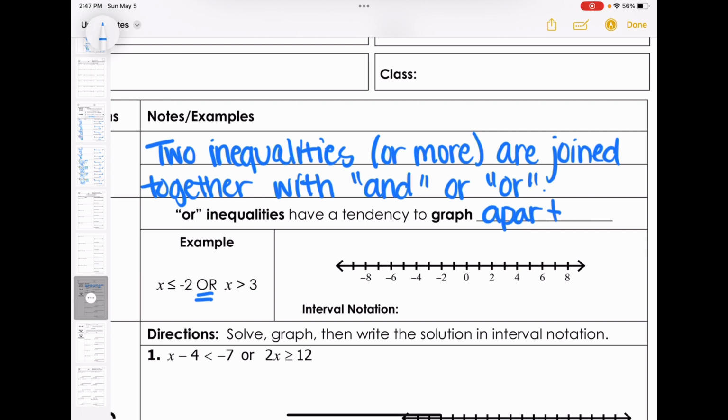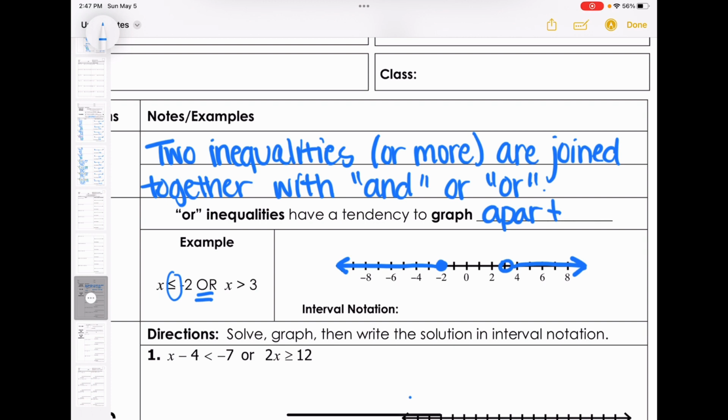So since it's less than or equal to, I'm going to put a closed circle on negative 2, and I'm going to shade to the left. All right, then the next part says x is greater than 3. So I'm going to put an open circle on 3 because it's greater than, and then I'm going to shade to the right. All right, so that's how you graph an or inequality. It's going to be one number line with two graphs on it.